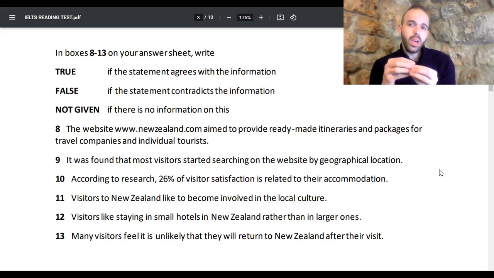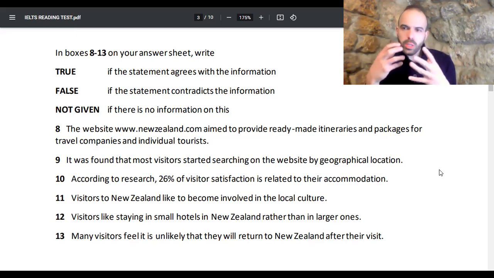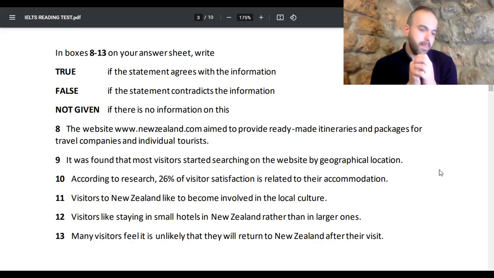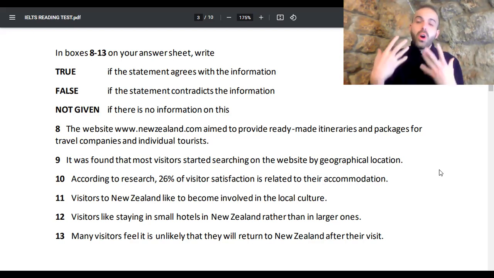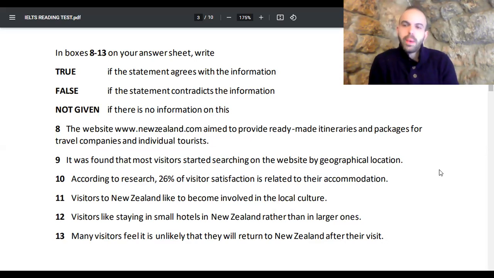I've covered fill in the blank questions, and I have covered true, false, not given questions as well. Maybe we took some time because I'm trying to explain the actual strategy to be able to answer these questions thoroughly in your exam. It's about applying the right strategy to be able to answer all the questions without making any mistake.